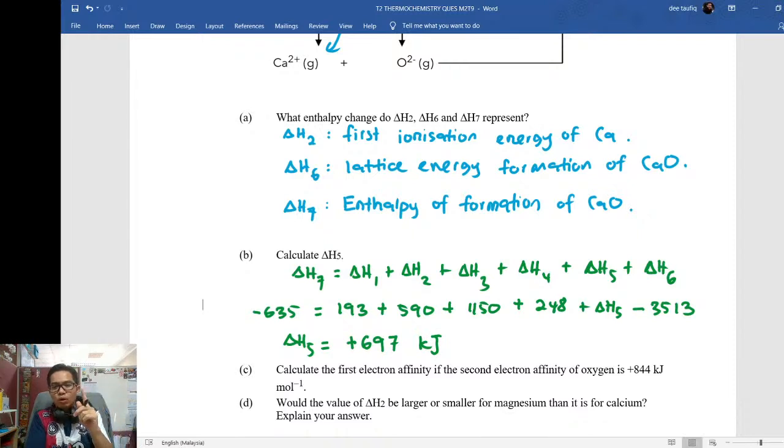Dia untuk 1 mole of oxygen, so masih lagi kilojoule per mole lah.